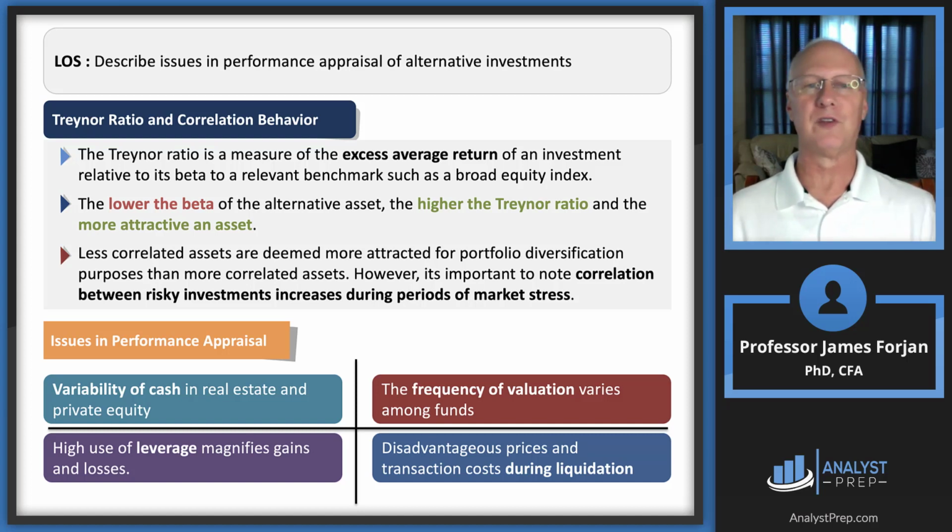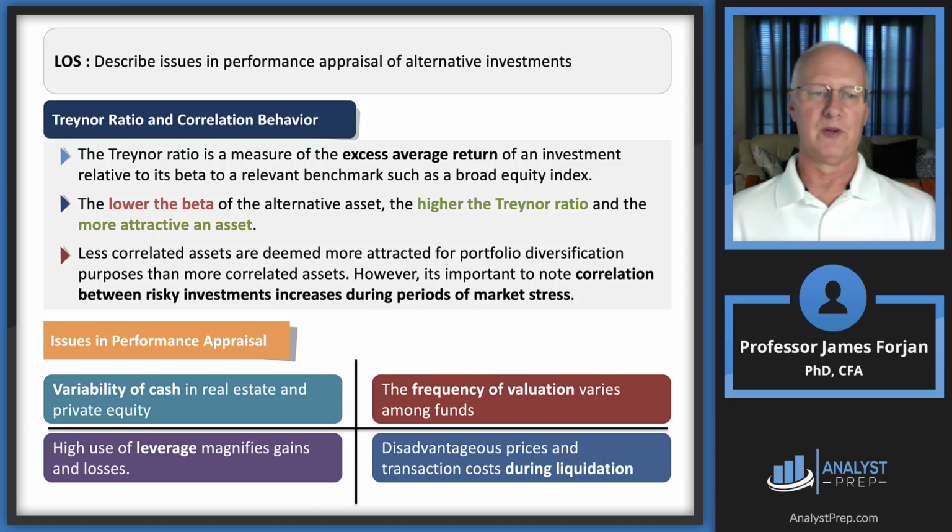And so, of course, this is the Treynor ratio. Treynor ratio is the return on the alternative investment minus some measure of the risk-free rate divided by the measure of systematic risk of that particular investment, which is, of course, the beta. So the lower the beta, the higher the Treynor ratio, and the more attractive is the asset. So note that there's some implicit measure of correlation inside of the Treynor because we're reducing standard deviation to its one important component.